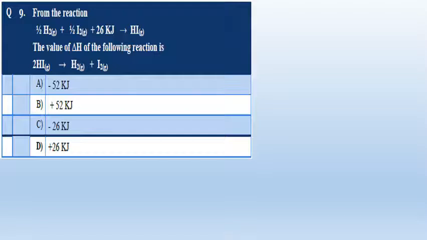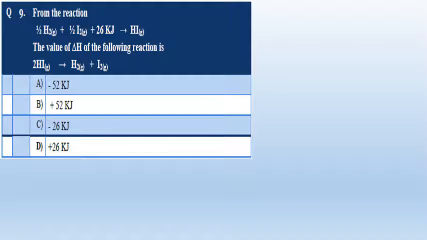Okay, what about the value for the new equation? Pay attention, many changes take place in the new equation. Can you observe that in the first equation I have HI, hydrogen iodide, in the product, but in the new equation I have HI in the reactant?